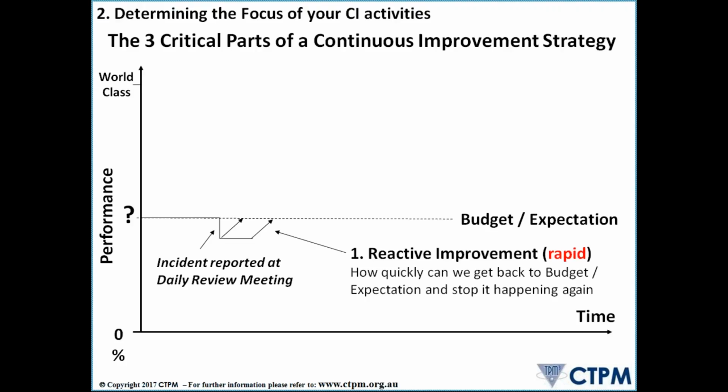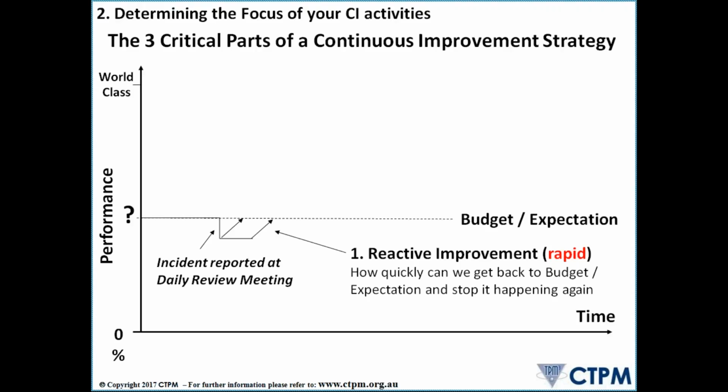There's reactive improvement, and this is where things don't go perfectly for us. So how quickly do we get things back to where they should be? So in other words, we have a daily review meeting and someone reports that we had a 5% quality loss last night. Well, how do we stop that from ever happening again? So reactive improvement's about having very effective daily review meetings and very good problem solving to root cause, etc.